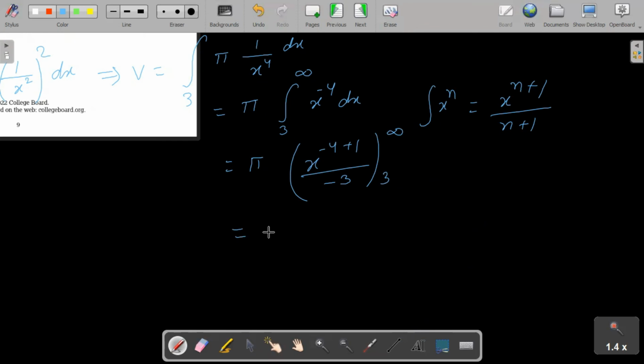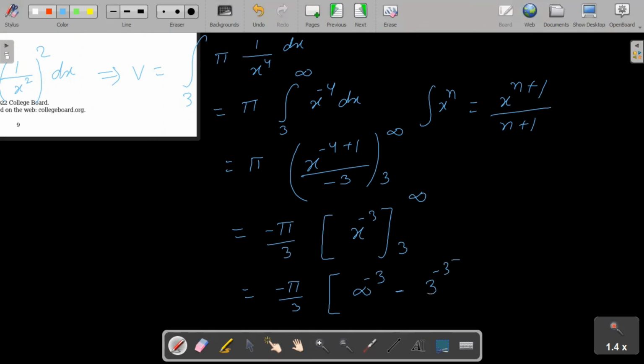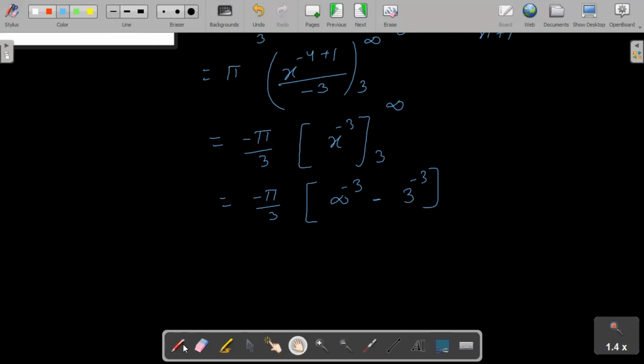So this will be minus pi by 3 taken outside, and this will be x raised to power minus 3 with the limit 3 to infinity. So how can we find this? We can evaluate this: minus pi by 3 into infinity raised to power minus 3 minus 3 raised to power minus 3. So what is infinity raised to power minus 3? We can think, minus pi by 3, this is 1 upon infinity cube minus 1 upon 3 cube, or you can write directly 27.